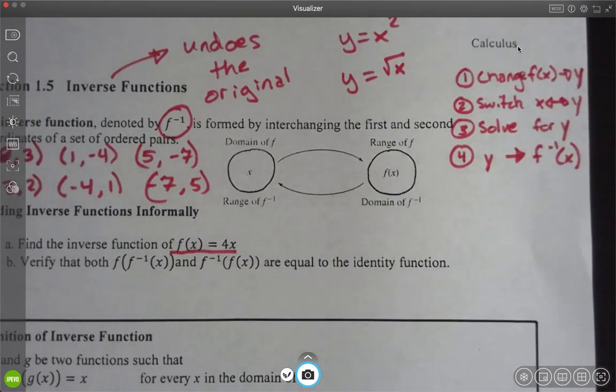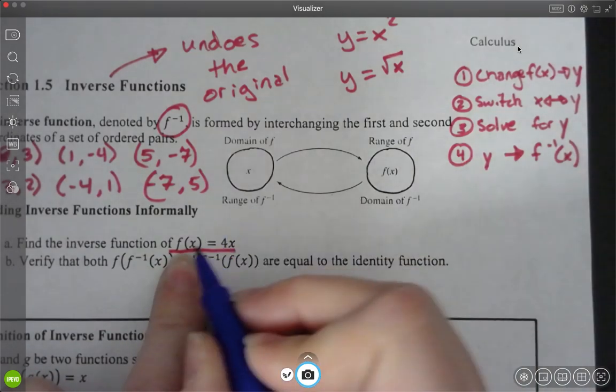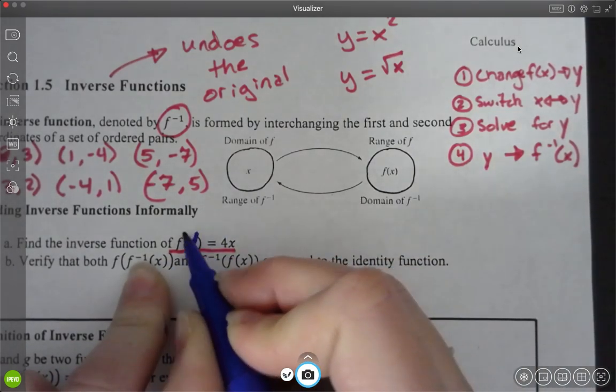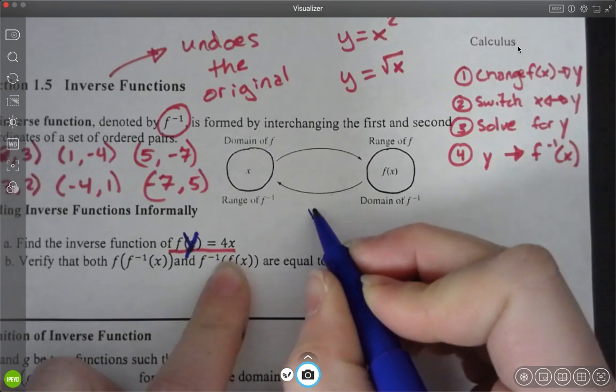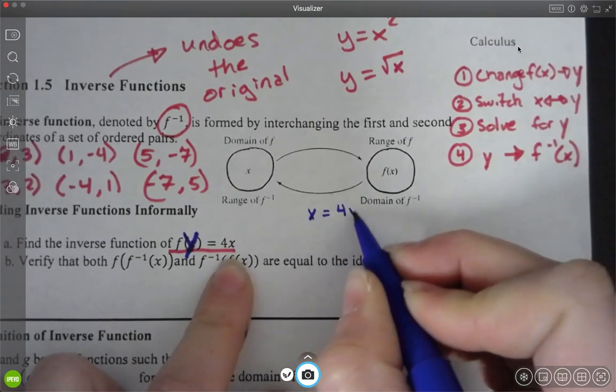So we'll do this one really easy. Some people do step 1 and step 2 at the same time. Can you switch x and y and change it to y at the same time? f of x is my y, so I'm going to change this to a y, and then switch x and y. So x is equal to 4 times y.